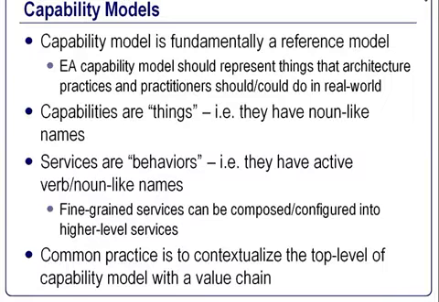And so we often think of injecting very explicit services as the lowest level off of the capability leaf nodes. And those services tend to have active verb noun-like names, with the whole idea, again, that services can be composed and configured into higher level services.